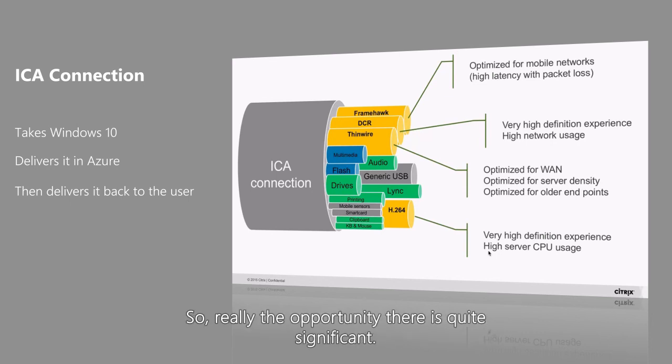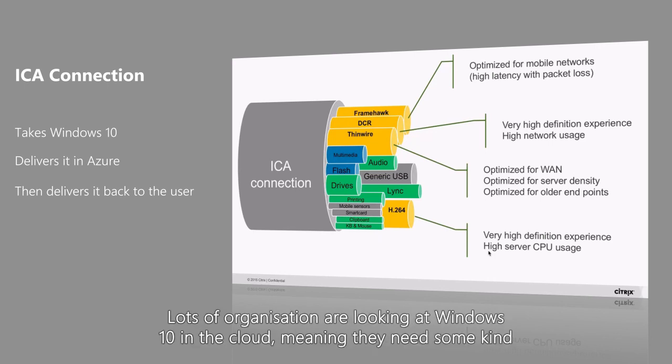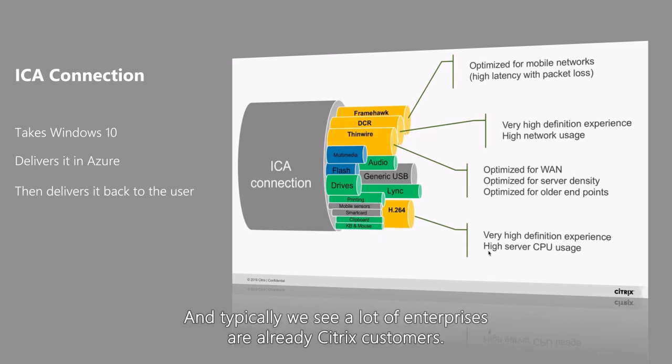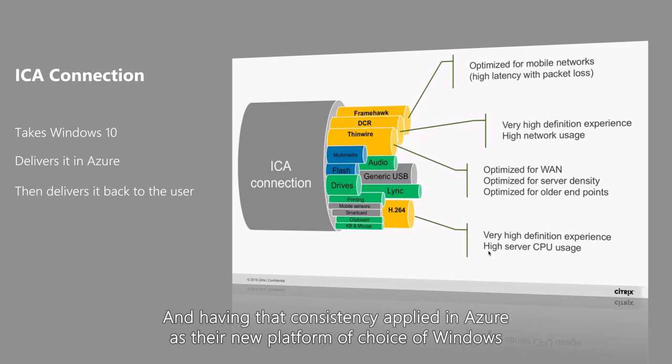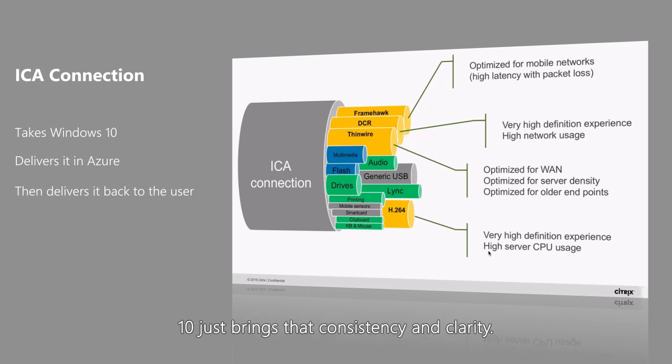So really the opportunity there is quite significant. Lots of organizations are looking at Windows 10 in the cloud, meaning they need some kind of orchestration tool. And typically we see a lot of enterprises are already Citrix customers, so they've deployed some flavor of either XenApp or XenDesktop or both, and having that consistency applied in Azure as their new platform of choice for Windows 10 just brings that consistency and familiarity.